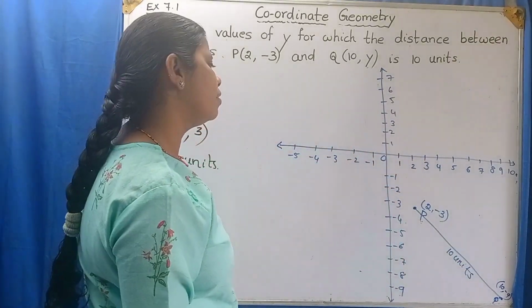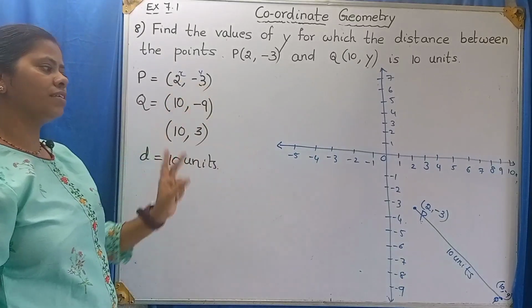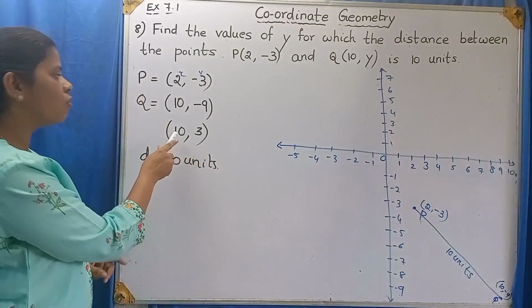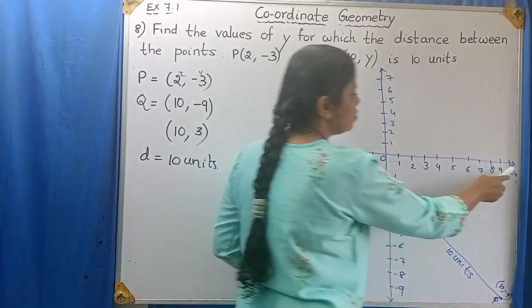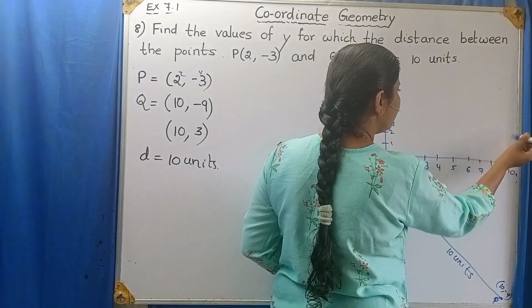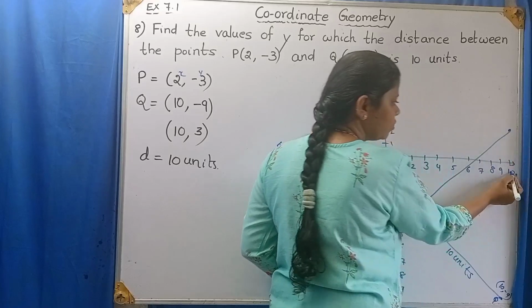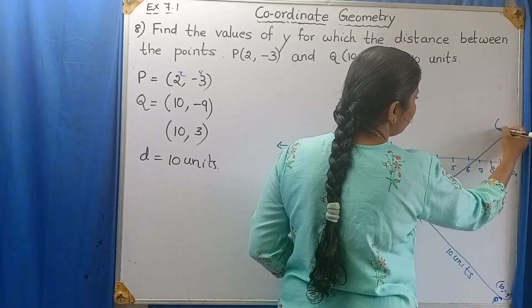Okay. Then another one. (2, minus 3) is fixed, no change in this. The next value for Q is how much? (10, 3). It will come here. The x coordinate is the same, the y coordinate is 3. Therefore (10, 3).